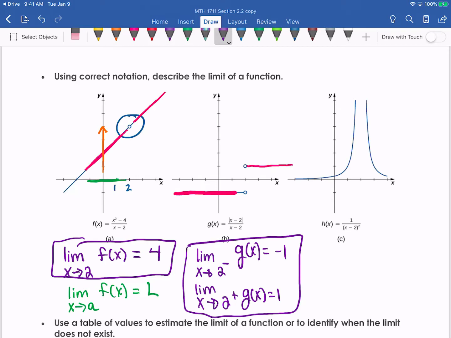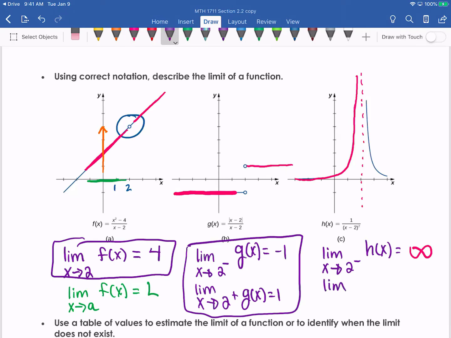Now, looking at this third graph, I would say the limit as x approaches 2 from the left of h of x. If I trace this coming in from the left, there's a vertical asymptote here, so my y value is increasing without bound. I would say that the limit is infinity because it's increasing without bound.